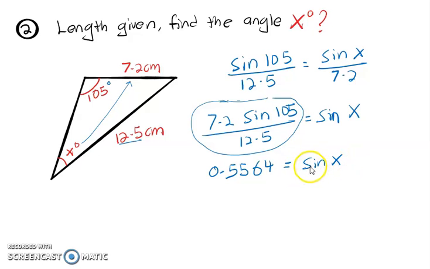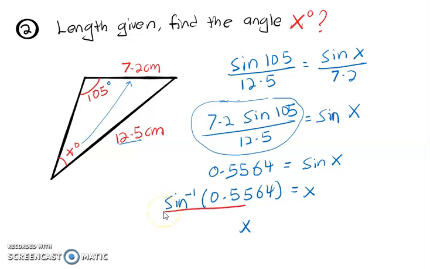So we move the sine to the opposite side. It will become inverse of sine, sine to the power of -1, and then put a bracket there, 0.5564 equals x, and we can find this value by using calculator.